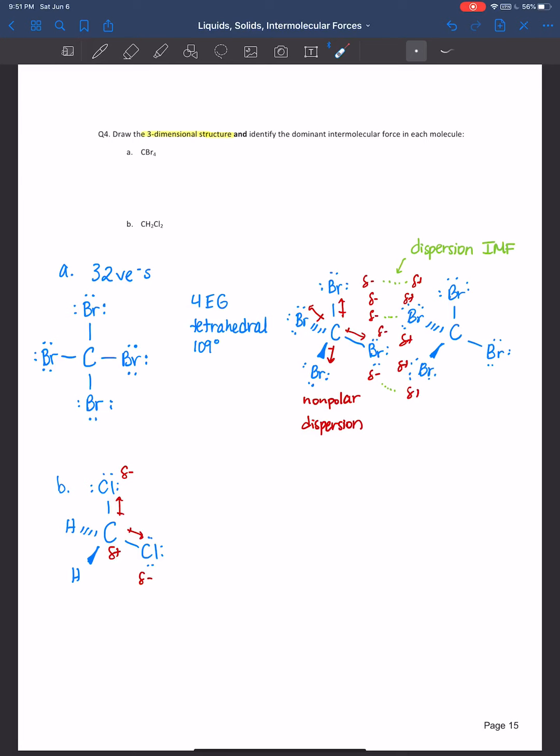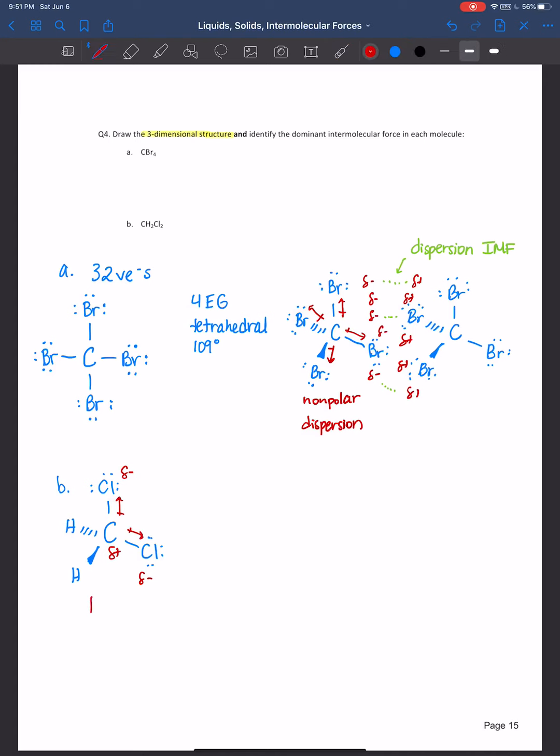I think a lot of times students just want to give hydrogens a partial positive charge, but that's not the case here. These are nonpolar covalent, so the electrons shared in this bond are pretty evenly distributed, so there's no partial positive there, okay?